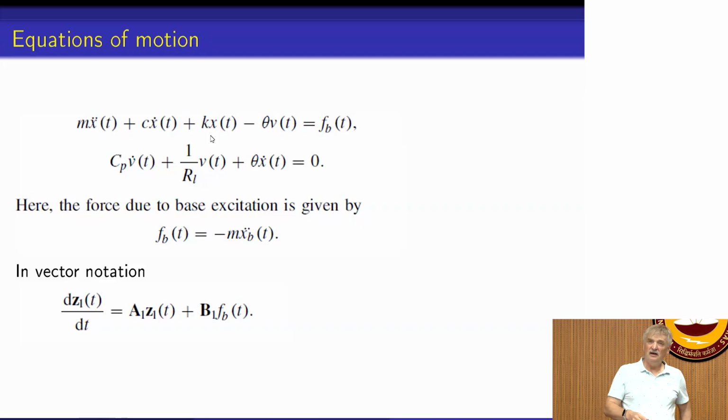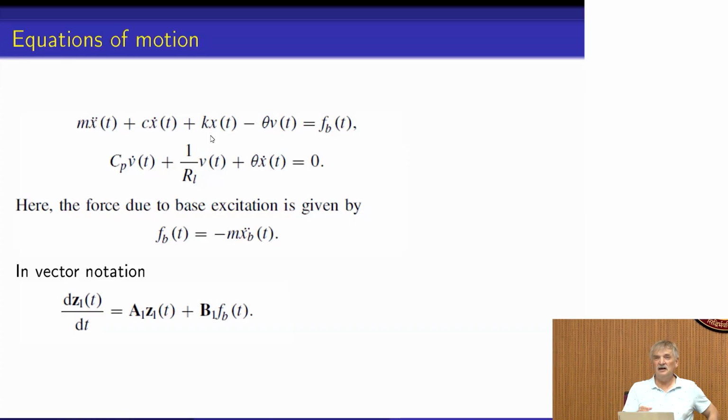There is an equation which is decoupled. So you have the first order derivative only, and the z vector means that there is a displacement as the first element. There is also velocity and voltage.